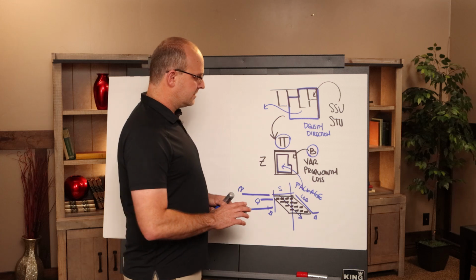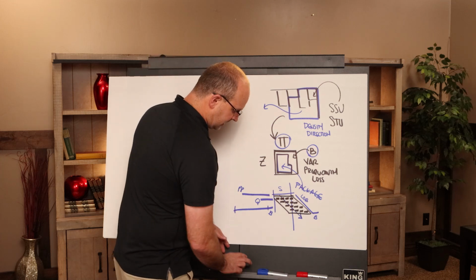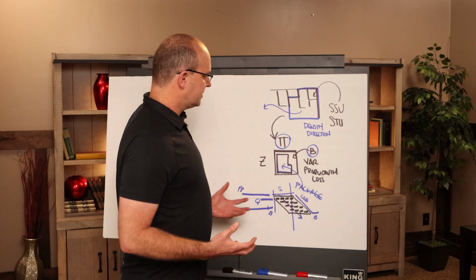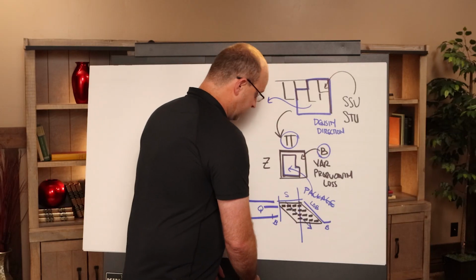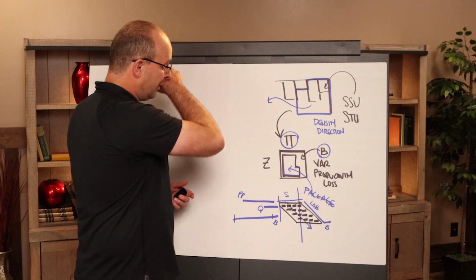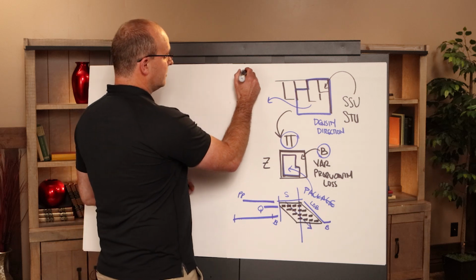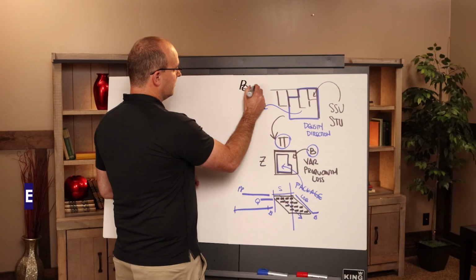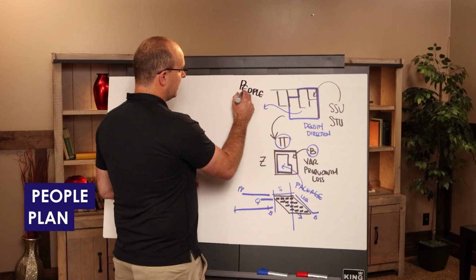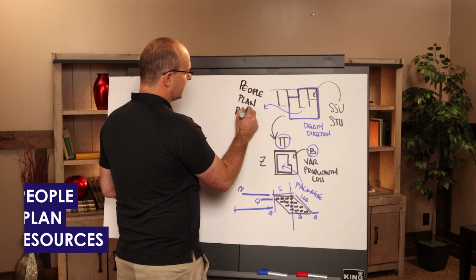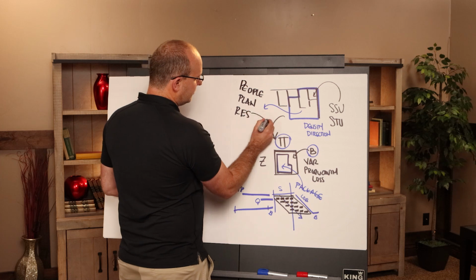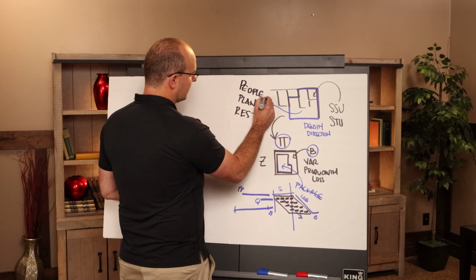So this provides the backbone and is a really nice visual for anybody who wants to understand how construction works. There's a couple of things that enable this. We've already talked about how great construction managers will make sure that you have the people, the plan, and the resources, which I will mark with RES, to accomplish this work package.